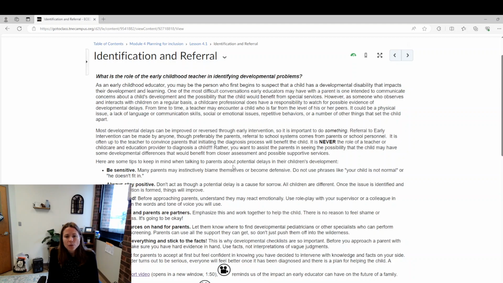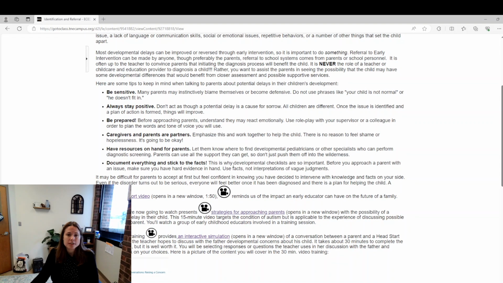So with you having to put those supports in place and communicate this with the parent, it's important for you to take some tips and strategies when you're putting these together. Make sure you read these because they give you a clue in how you can communicate in an empathetic way and make sure your partnership is strong and the parents have confidence in knowing that you can help support them.